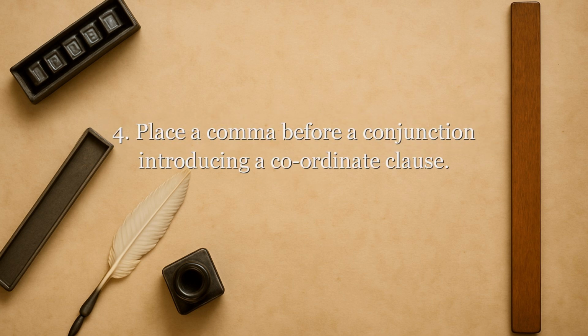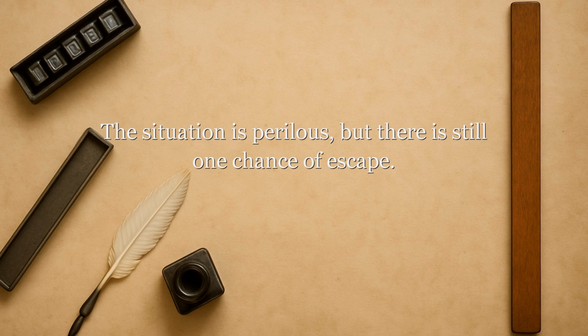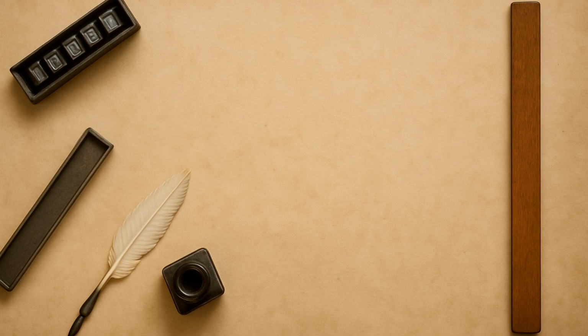4. Place a comma before a conjunction introducing a coordinate clause. The early records of the city have disappeared, and the story of its first years can no longer be reconstructed. The situation is perilous, but there is still one chance of escape.